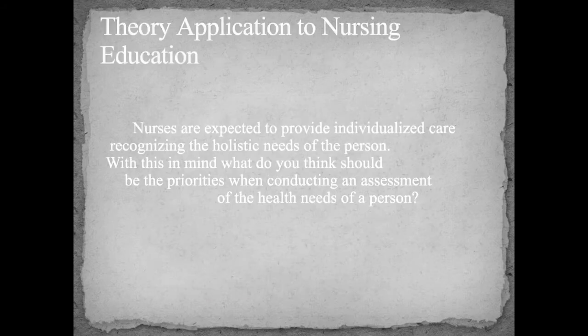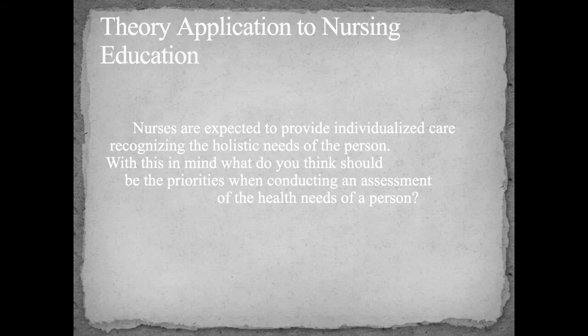So let's get into a couple of examples of how I apply Maslow's hierarchy of needs into my theory when I'm being a nurse educator. So here's an example of what I might ask my students. In a lecture format: nurses are expected to provide individualized care recognizing the holistic needs of a person.